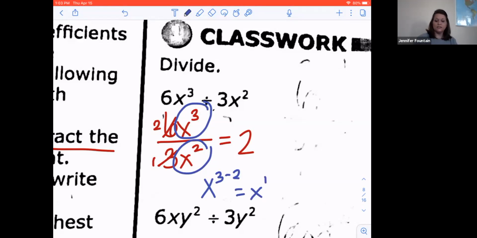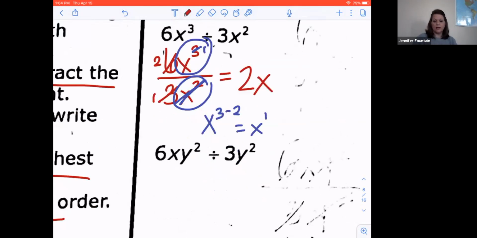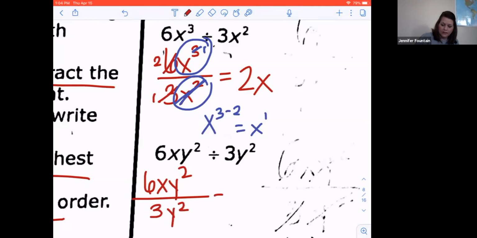Now, since it is in the numerator, I'm able to cancel out that x squared. This x cubed becomes x to the first. So now my final answer is just 2x. I cancel my coefficients, and then I subtract the exponents of the variables. So now let's look at what happens when I have 6xy squared divided by 3y squared.